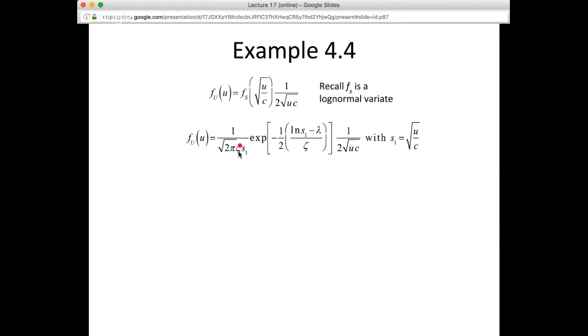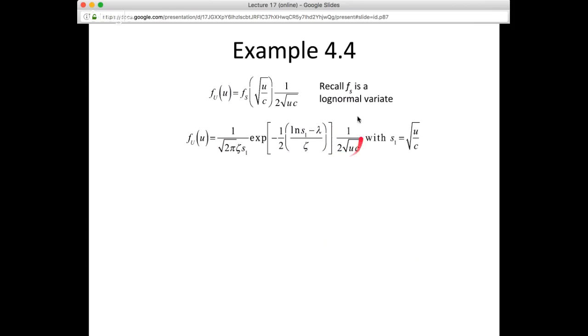We've got our S1 because that's going to be in the denominator for the log normal. And then we have log of S1 minus lambda, the log of the median, divided by zeta.